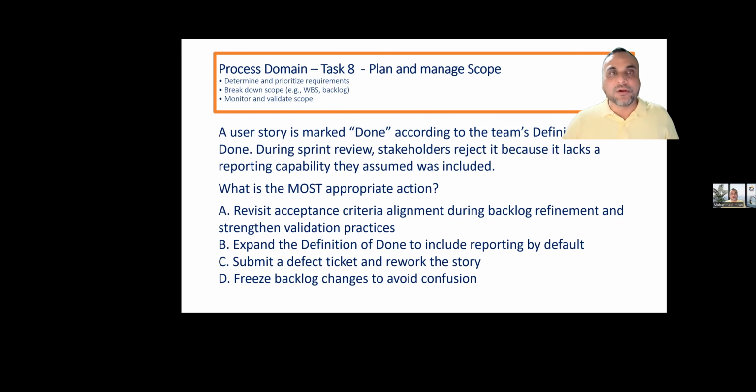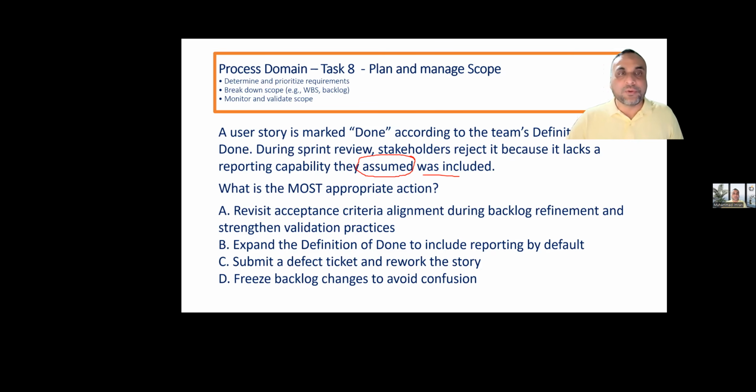A user story is marked done according to the team's definition of done. During a sprint review, a stakeholder rejected it because it lacks a reporting capability. They assumed it was included. Assumed means that when I read it, I found that maybe the definition of done is missing.